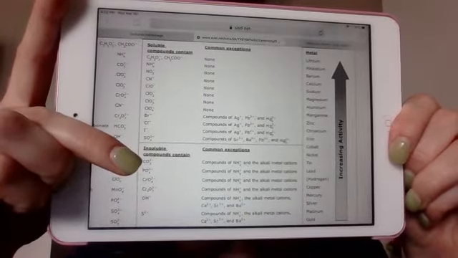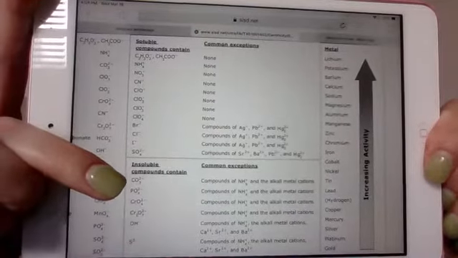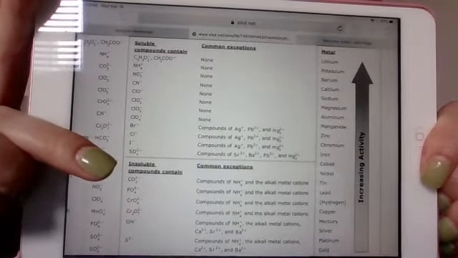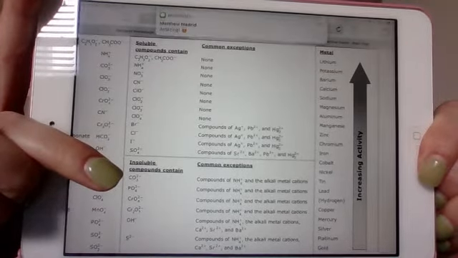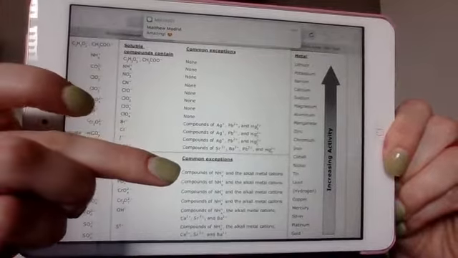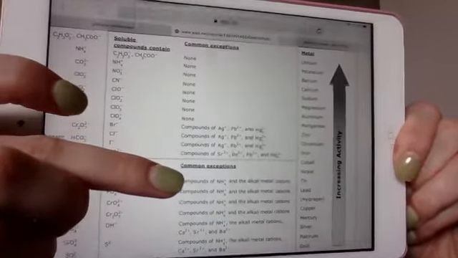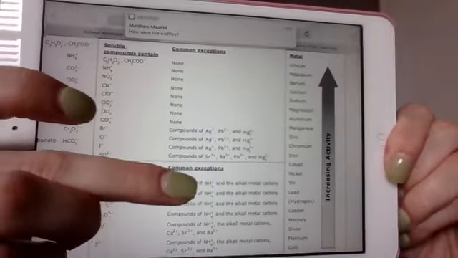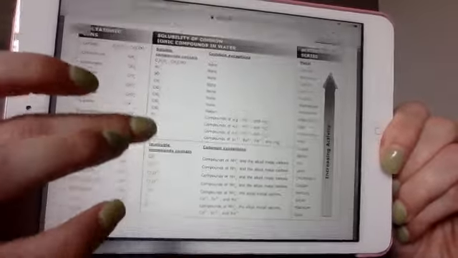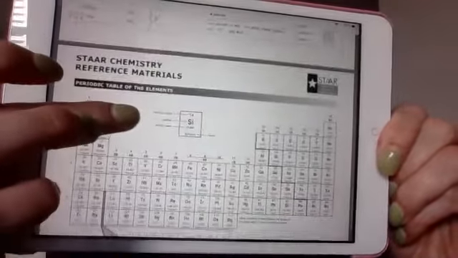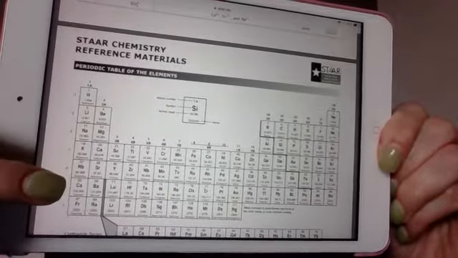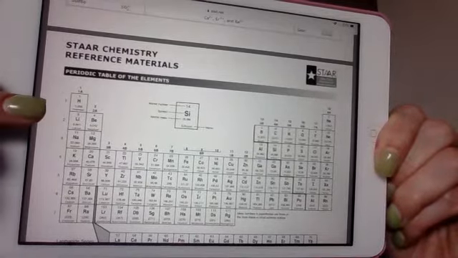So CO3 is always insoluble, under the insoluble part, unless it is with NH4, which is ammonia, or any alkali metals. Remember that alkali metals are this first group over here. So everything over here is an alkali metal.